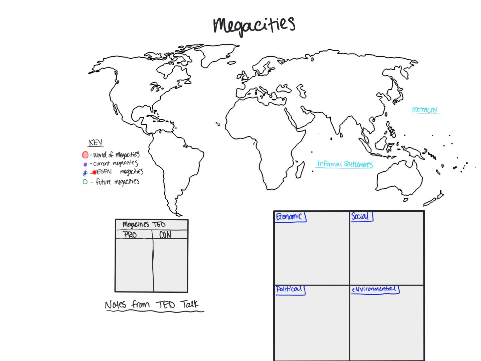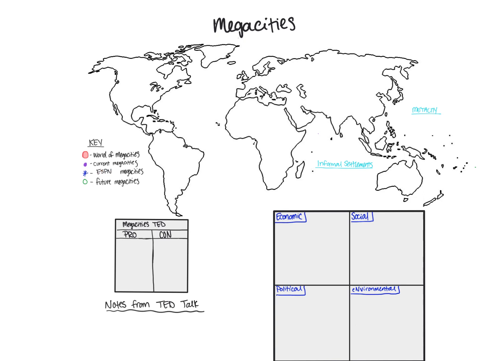So in the same color, for the ESPN chart, I added to my key as well, so I used dark blue. And I think all of the cities in that article are going to be places that you already did in your previous color. Mine was purple. So a lot of my blue cities, I just put a blue star over.